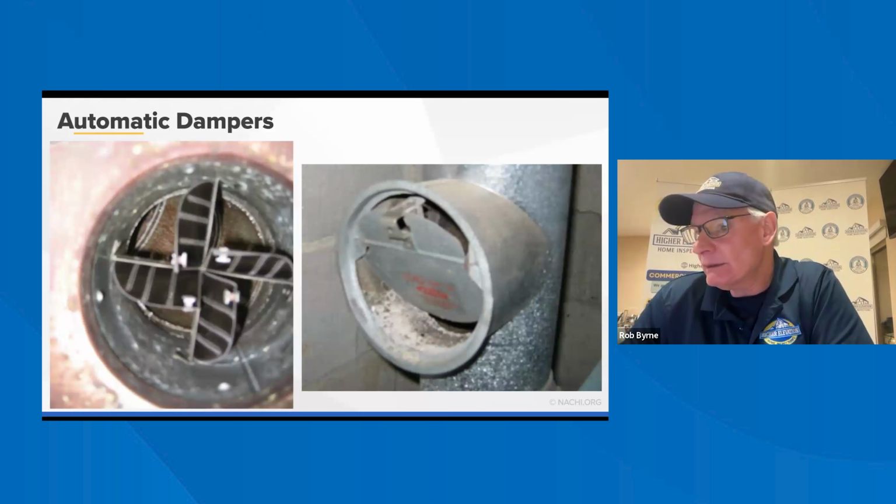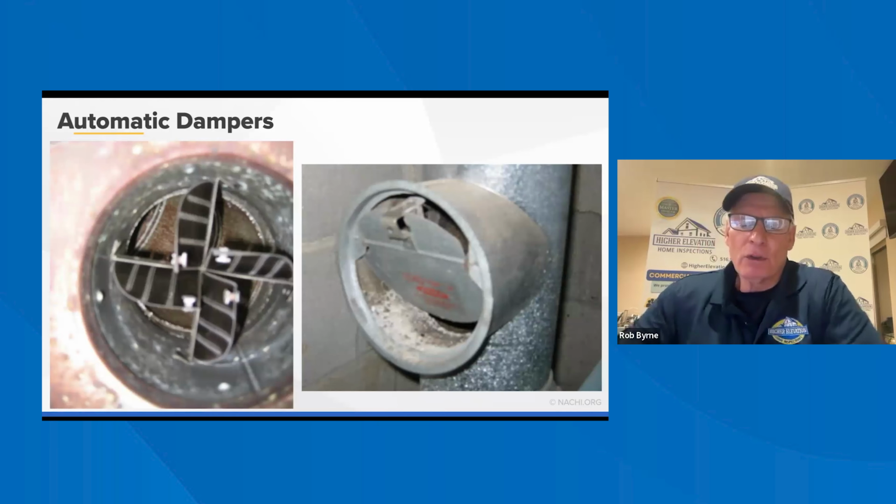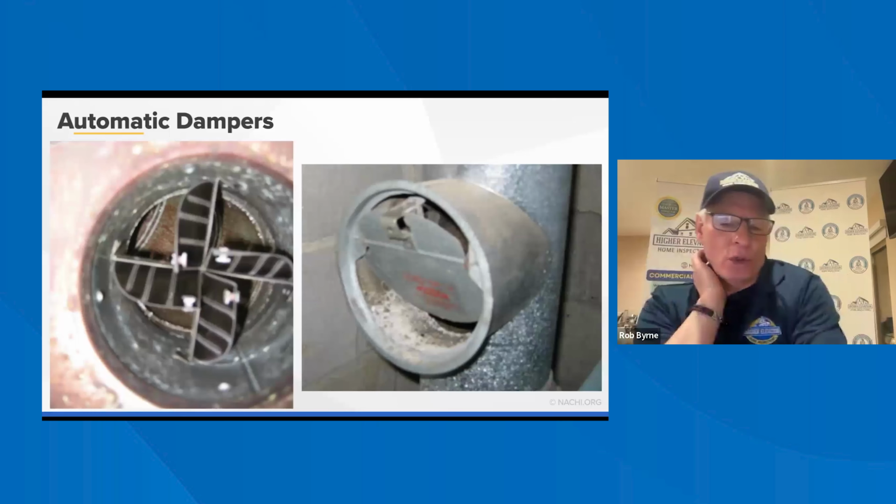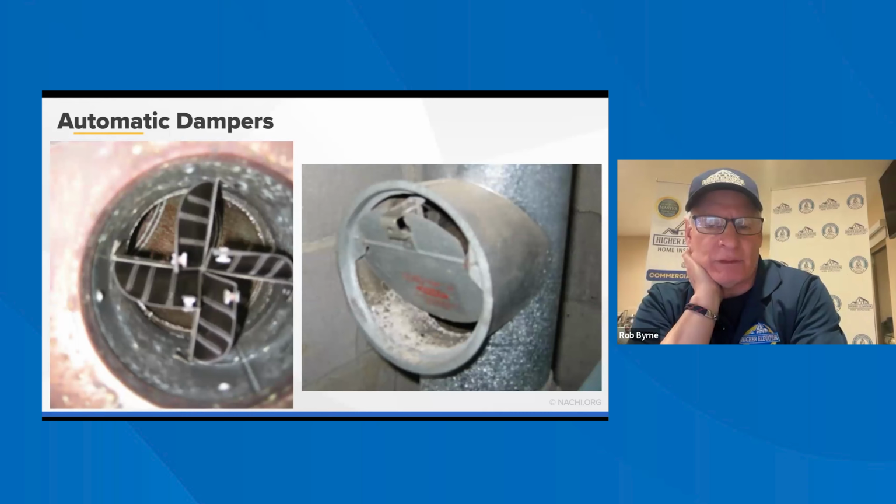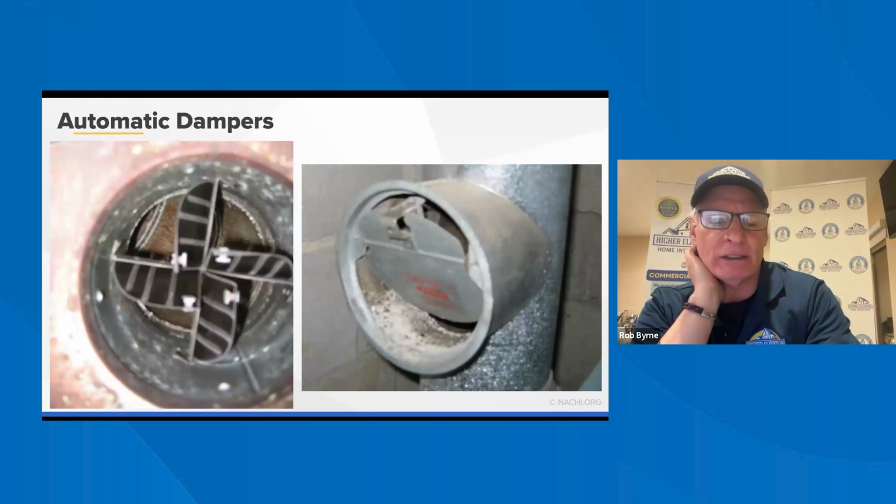Automatic dampers. Okay. So on a flue pipe, you're going to see this damper system. When you're doing your inspection, you want to make sure that it moves freely. It's not stuck. It's not broken, because this is going to help balance out the airflow.